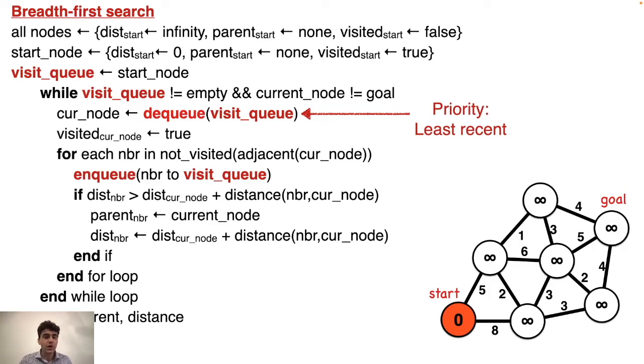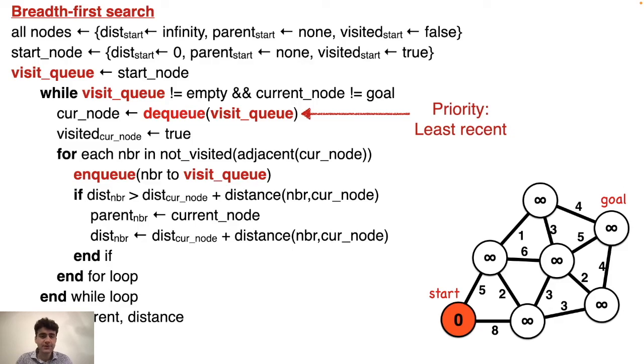With this visit queue, the only substitution you have to make is to replace the visit list with the visit queue. Then, when you decide at each iteration of the main search loop which node to visit, you would perform a dequeue operation, and every time you're adding one of the neighbor nodes to the visit queue, you would enqueue the node.